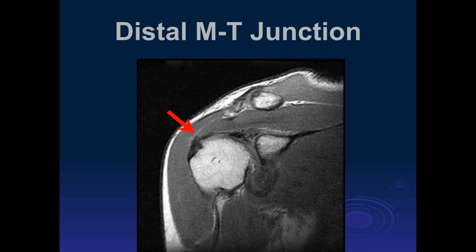When his arms are at his side, it pulls the supraspinatus muscle over here, and he got impingement of the muscle. When his arms were up, the humeral head rotated, he got tendon between the acromion and the humeral head, and he didn't have any symptoms. So this can be symptomatic.